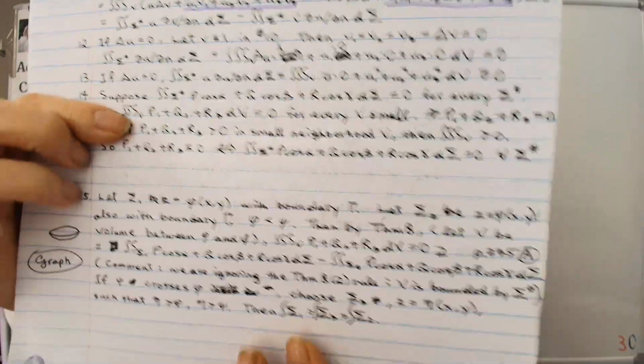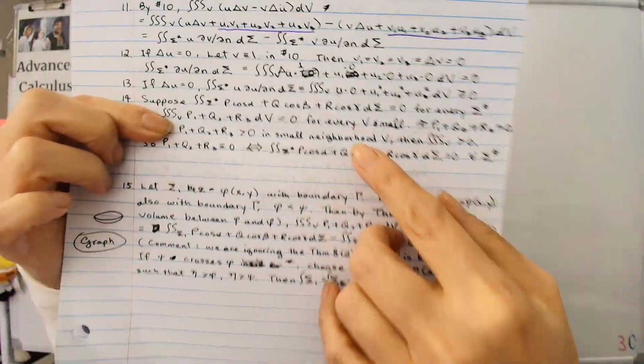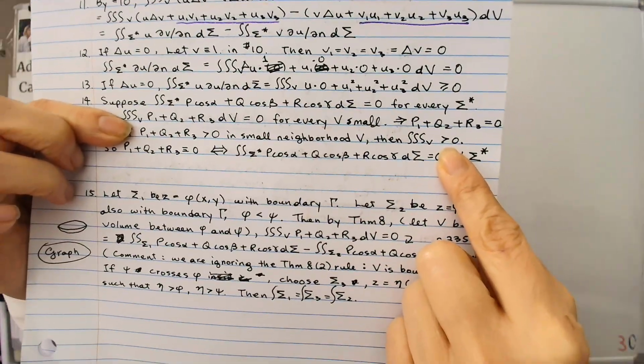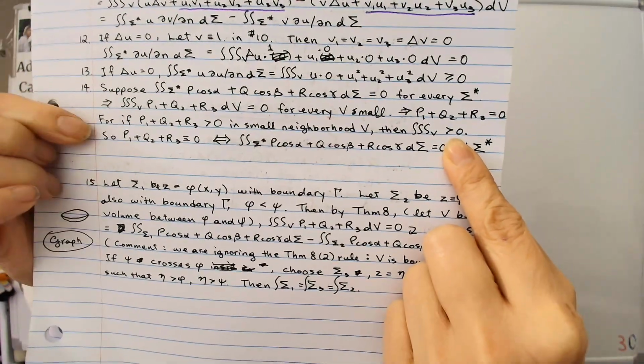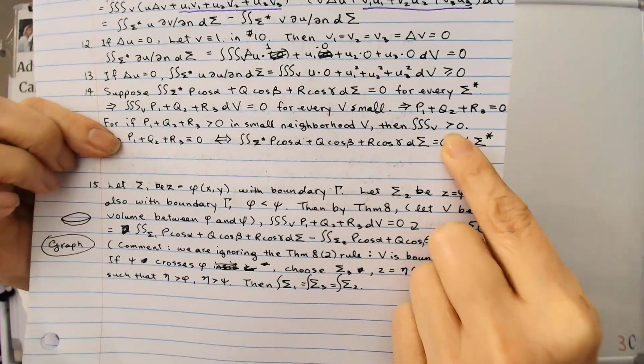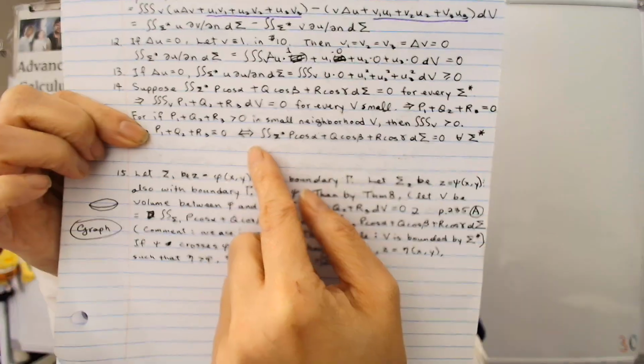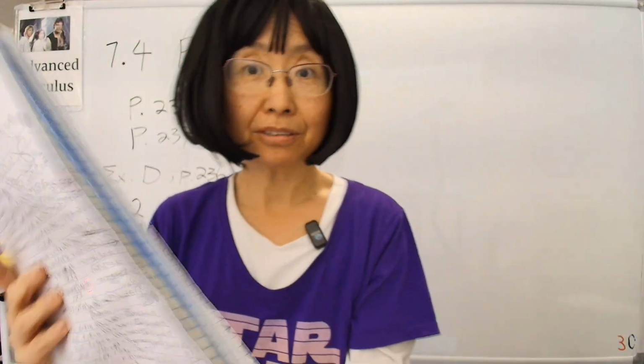If this function is bigger than 0 in the entire neighborhood, that means the triple integral has to be bigger than 0. That's by the mean value theorem. So this value has to be 0. So we have proved it.